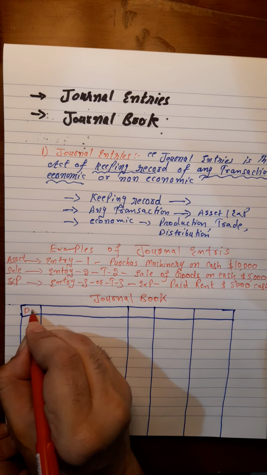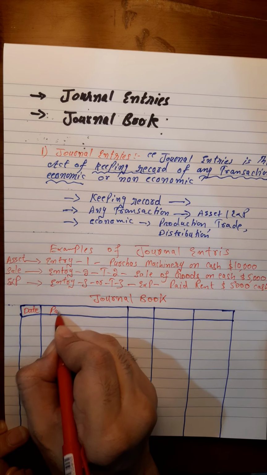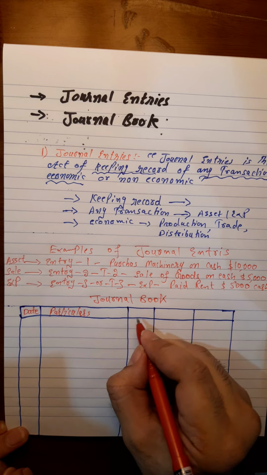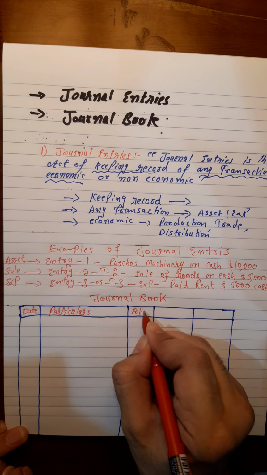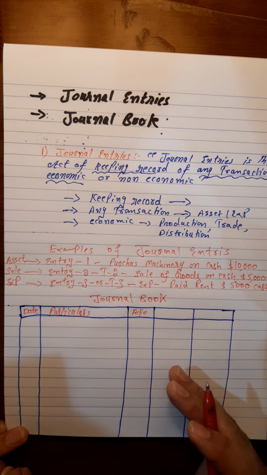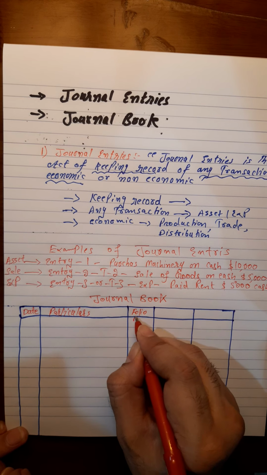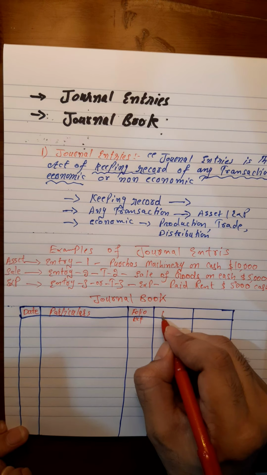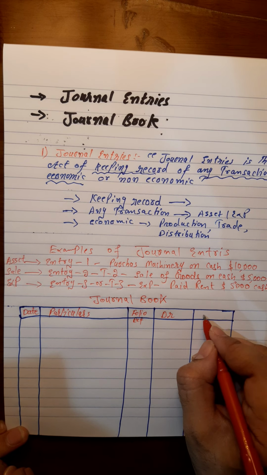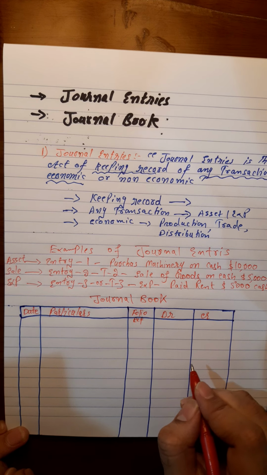This book has a date column, here a particulars column, here a folio column. Folio means where this transaction goes further, in the ledger, trial balance, financial statement; here we give the reference. Here the most common thing in accounting, debit. Here the most common thing in accounts is the credit column.